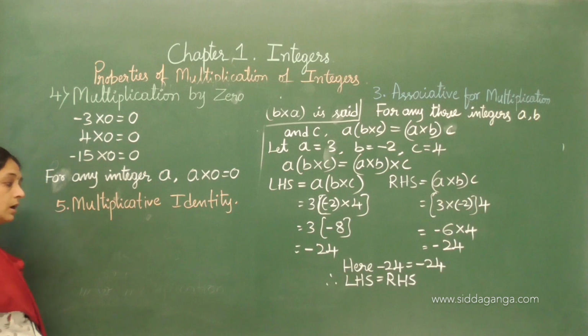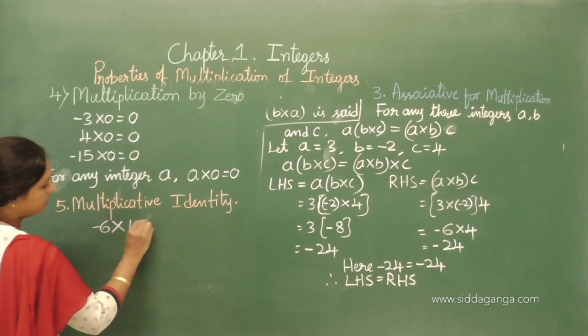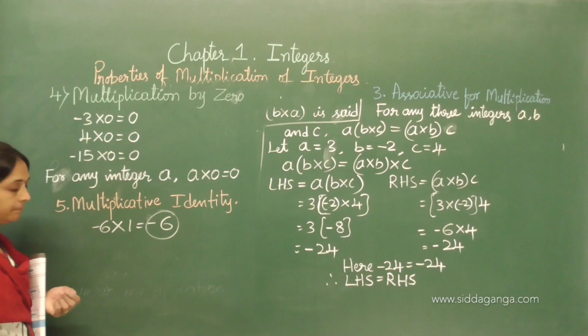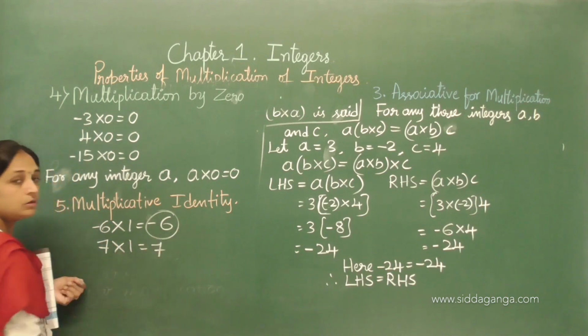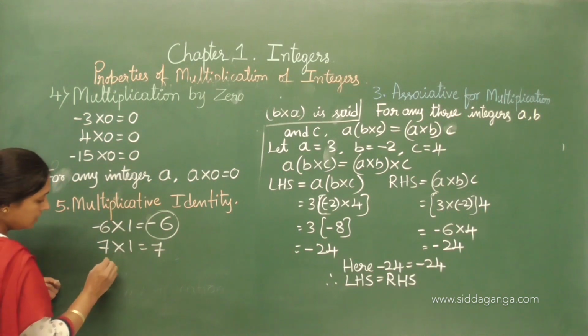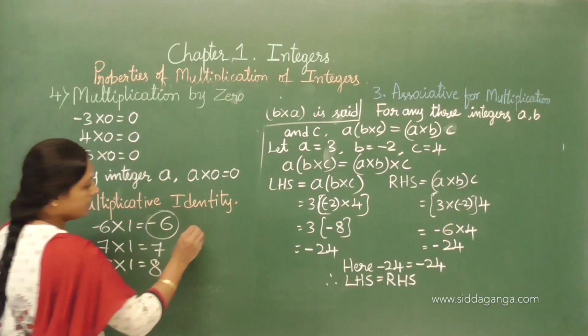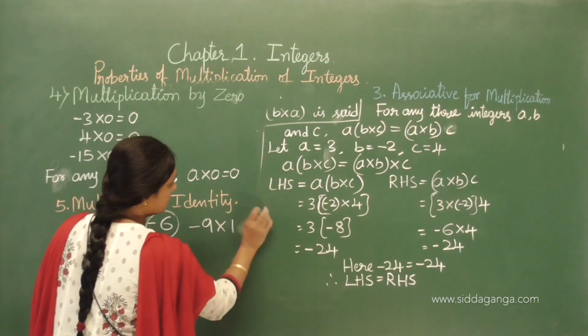With 1. When we multiply minus 6 into 1, we get minus 6. The number remains the same. 7 into 1, we get 7 only. 8 into 1 is equal to 8 only. Minus 9 into 1 is equal to minus 9.